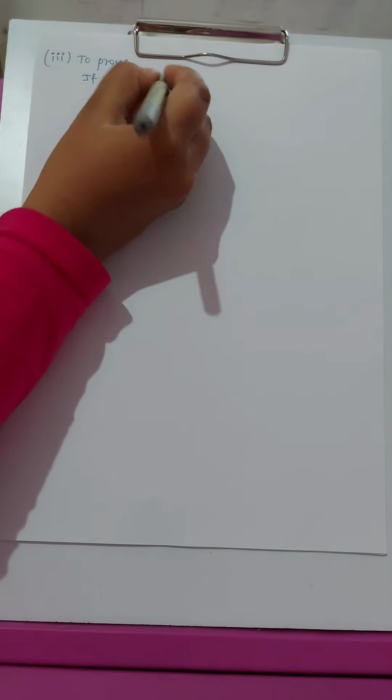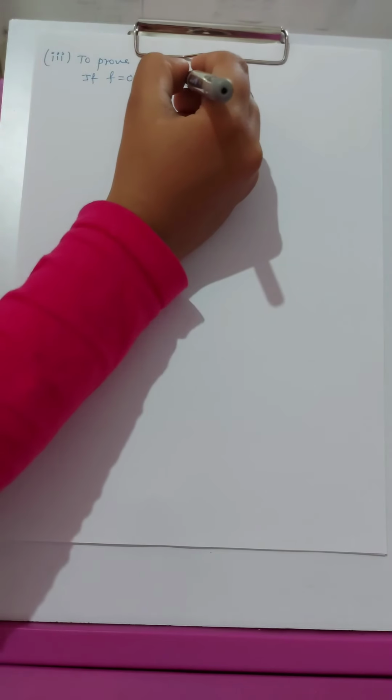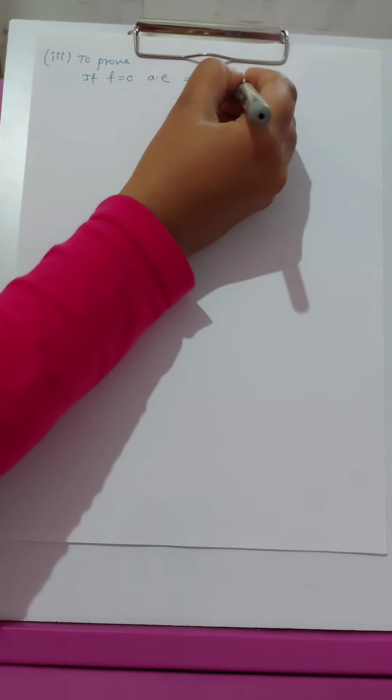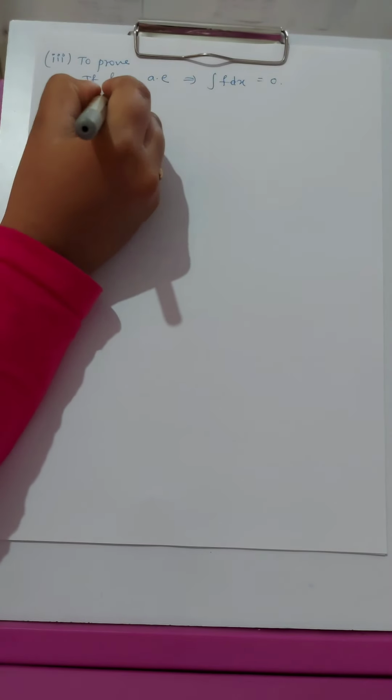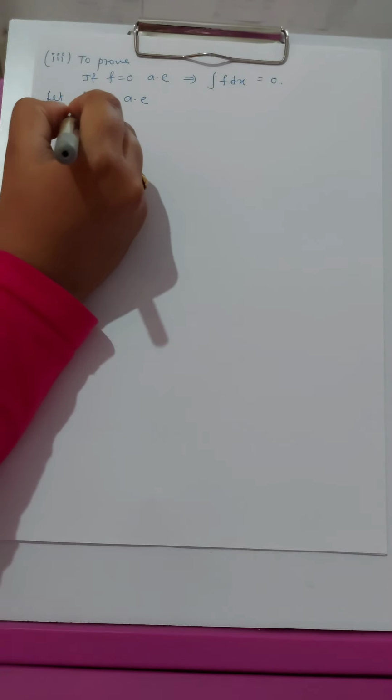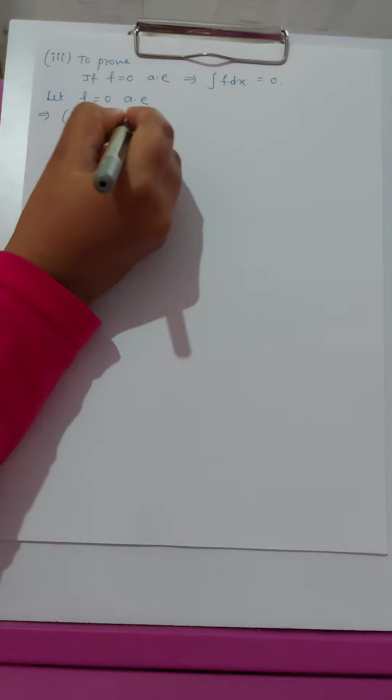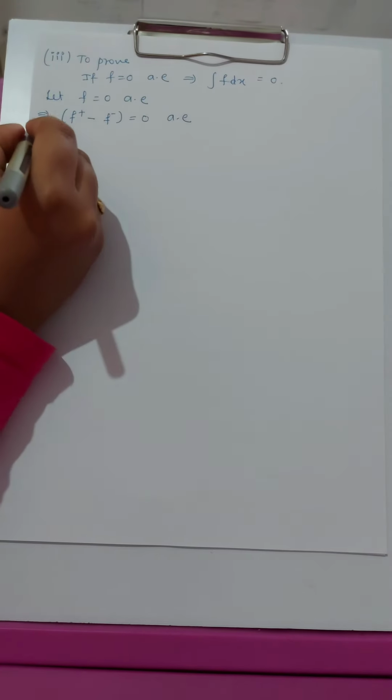Now in the third condition, we have to prove that if f is equal to 0 almost everywhere, then the integration of f dx is equal to 0, given that f is integrable. So let f be equal to 0 almost everywhere. This implies that f plus minus f minus is equal to 0 almost everywhere.